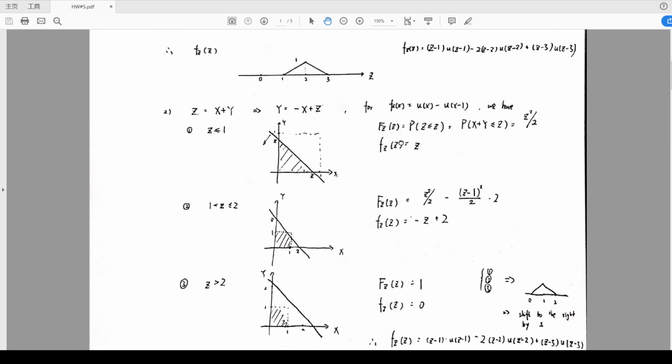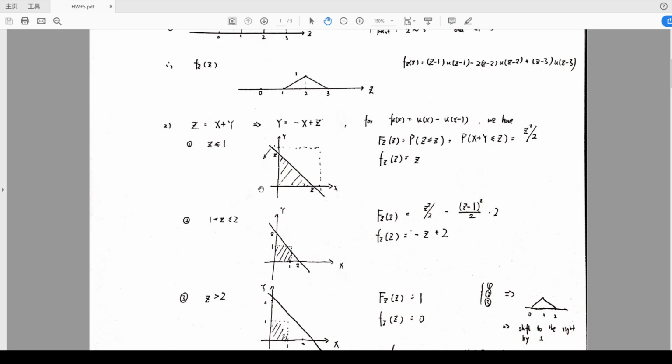For the second question, it asks us to use the geometric method. The geometric method is to draw the line y equals minus x plus z, and the area that it covers is the F_Z. There are three different situations.